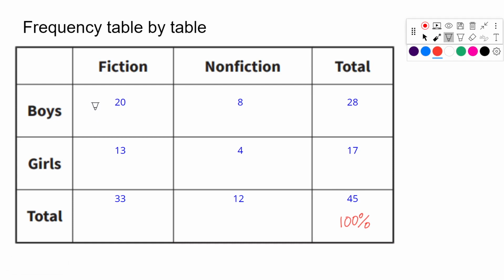So we take 20 boys that liked fiction out of 45 total, tells us that 44% of the students were boys who preferred fiction.